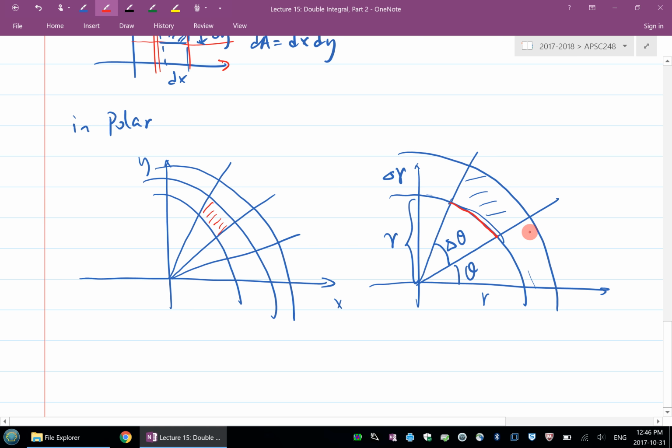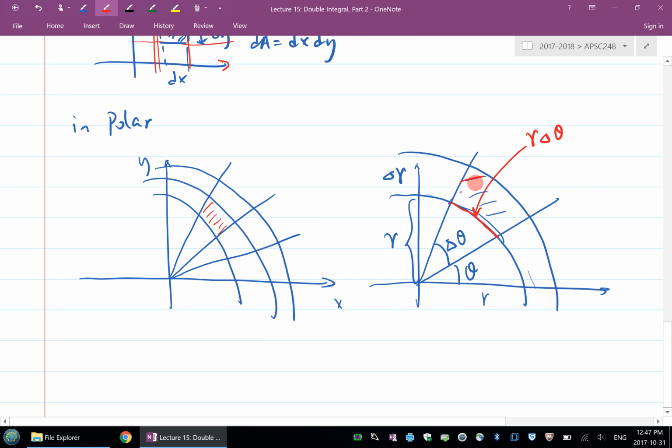Same thing, consider it small. So this is an arc. Technically speaking, the arc covers an angle range of delta theta, with a radius of r. So this little arc length should be what? r times delta theta, right? So radius times angle gives you the arc length.